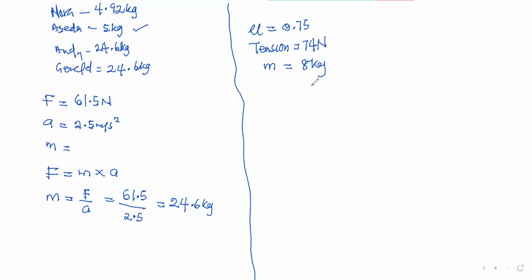So if the tension in the string is 74 Newton and the coefficient of friction is 0.75, find the acceleration of the particle. Note that here there is friction, which is opposing the applied tension.